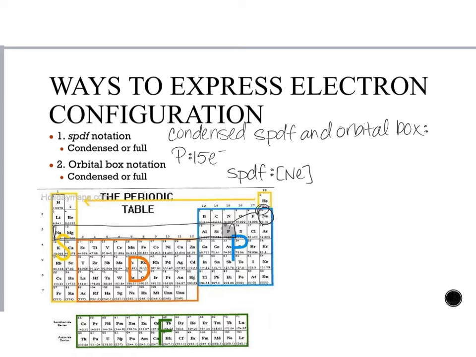So look at where the first electron after those 10 resides, right here. It resides in the S block and the third period. So that gives me 3s2. And then I move on to this location. I have 3 electrons that are in the 3p subshell.